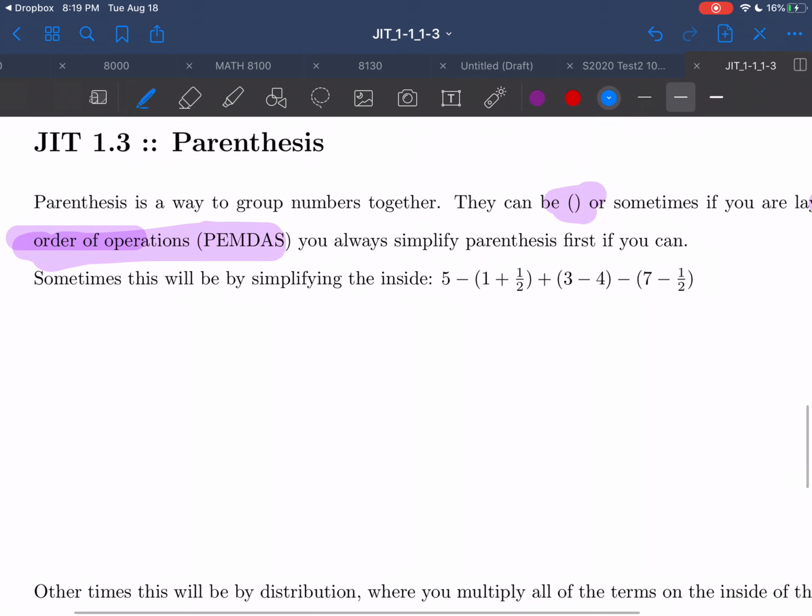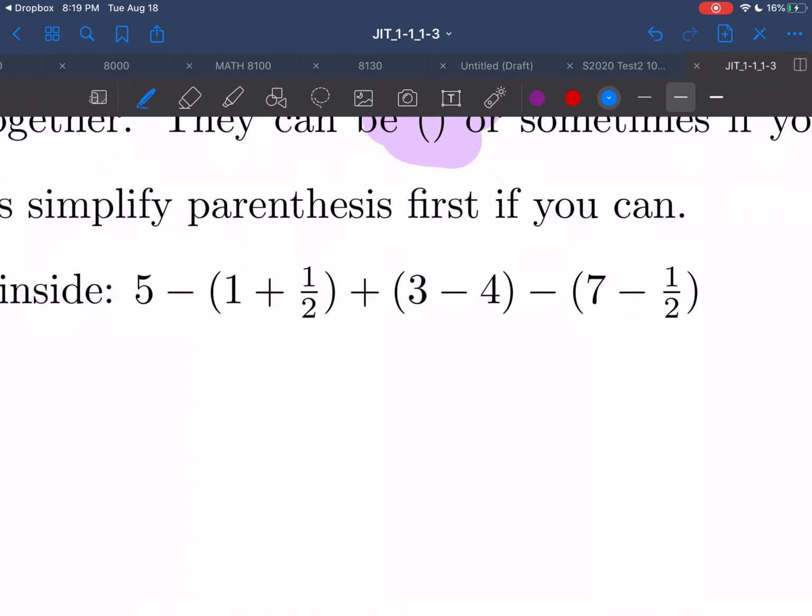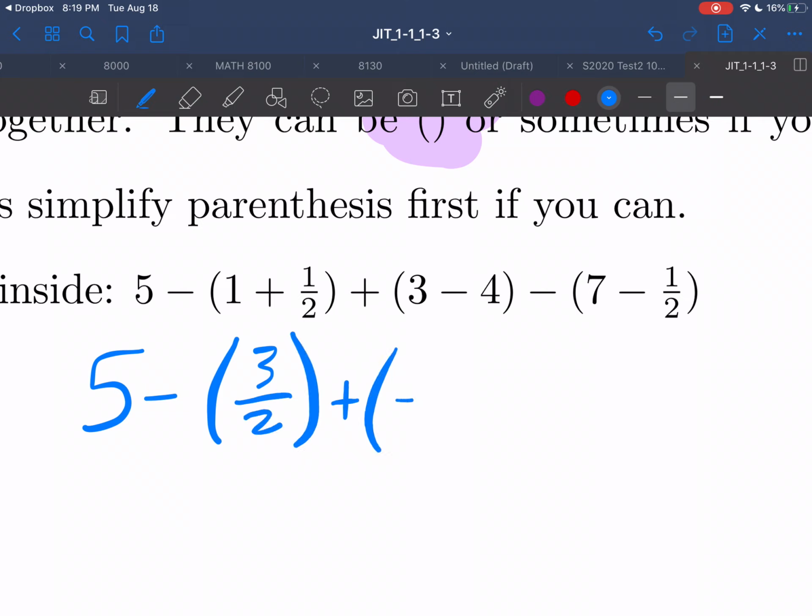In this case, we'll do 5 minus 1 plus a half is 3/2, plus 3 minus 4 is -1, minus 7 minus 1 is 6.5, or 13/2, if I write it like that.